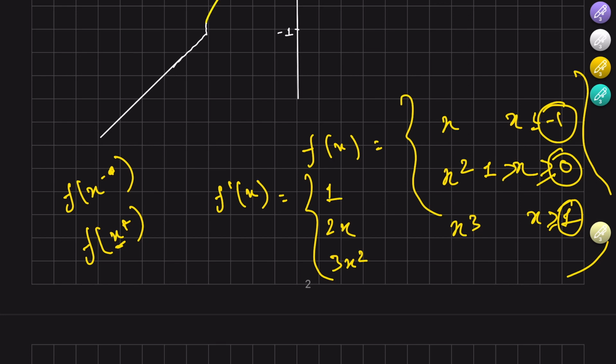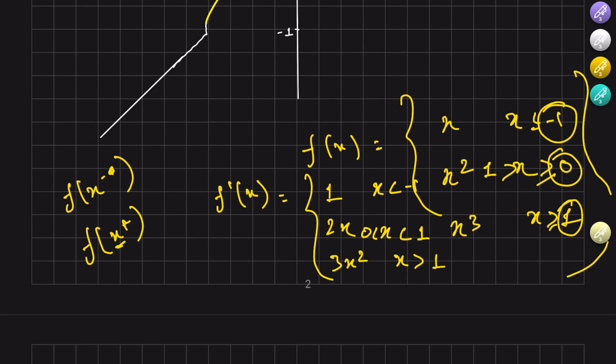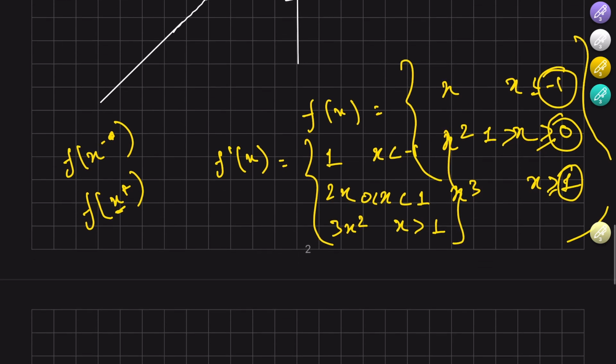Now you can simply write x less than -1, x between 0 and 1, and x greater than 1. I'm not writing the equality sign here. Why? Because to check for equality you have to check for differentiability. Now how do you check for differentiability? You check at the endpoints. How do you check at the endpoints?